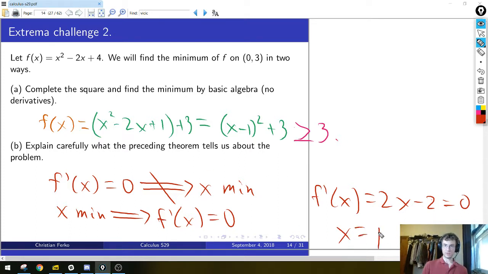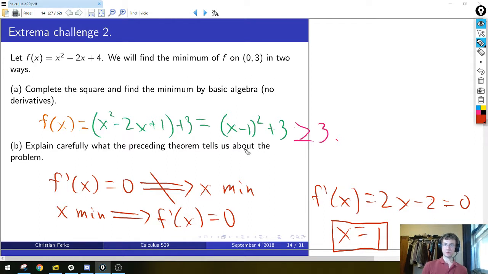But you should just say the sentence very carefully. By the preceding theorem, we know that if there exists a minimum on this open interval, it must occur at x equals 1. Right? That's what it tells us.